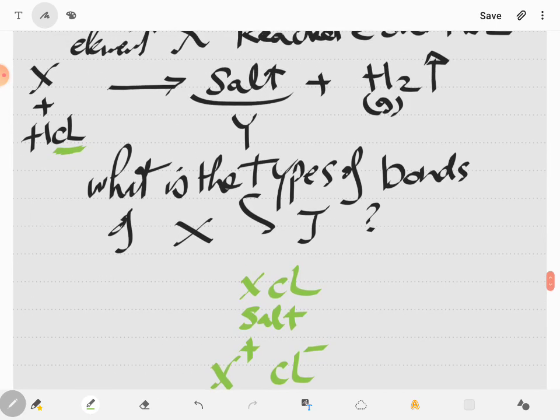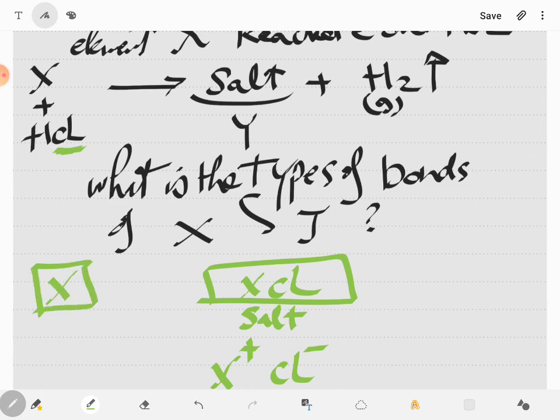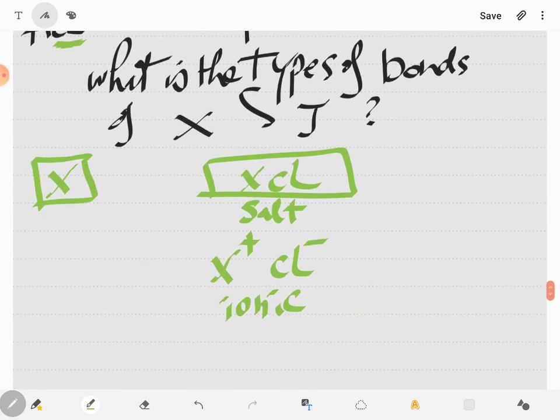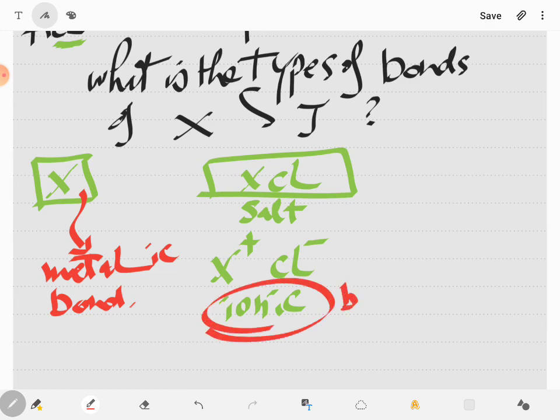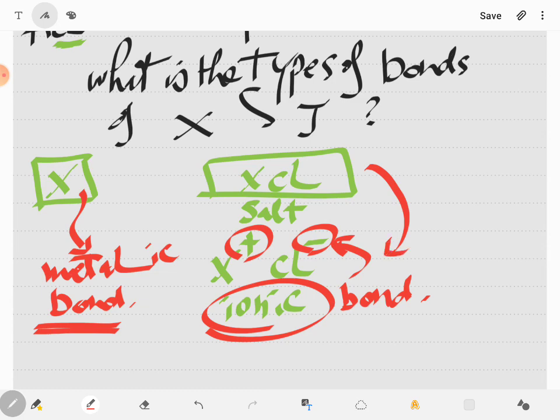Now he's asking what bond here and what bond here. This is the question. What bond here? Of course, this is a metal, meaning metallic bond. Here, ionic bond, because it's salt and salt is between cation and anion. So in X it is metallic bond, in XCl it is ionic bond.